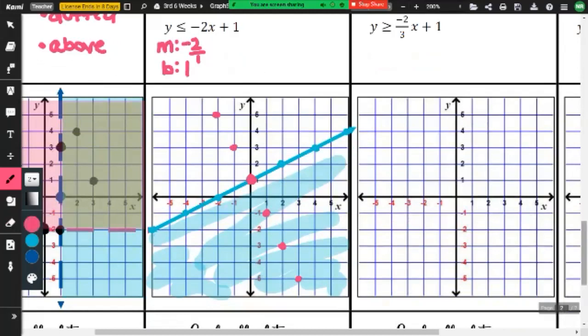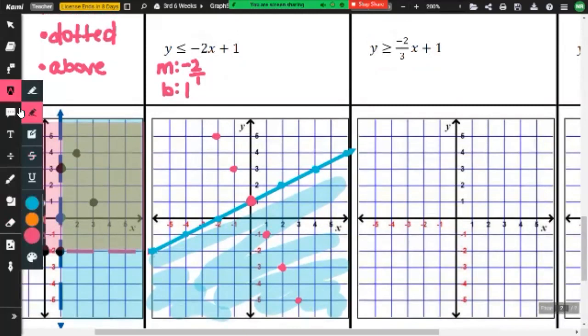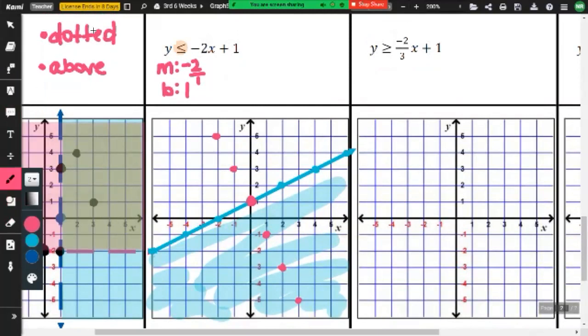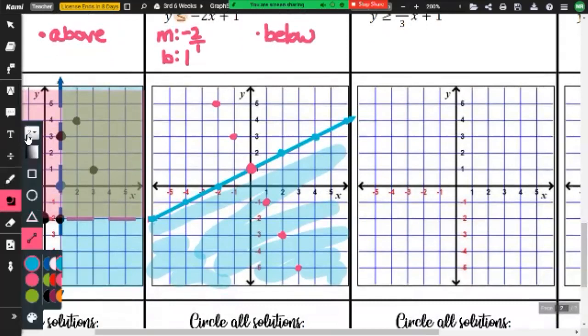Now, you look at the inequality to let you know whether it's solid or dotted and whether you have to shade above or below. It is underlined, so I know it's a solid line. And the name of it is less than, which means we're going to be shading below. So let's connect that line.